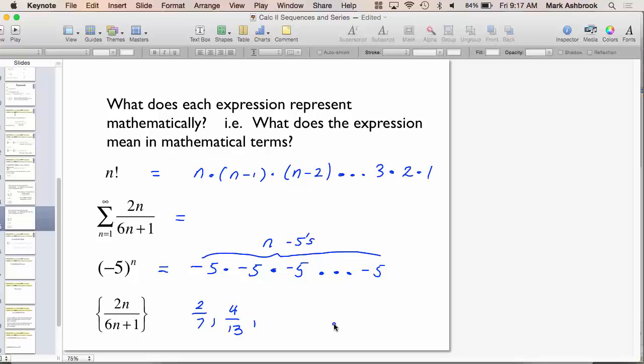When n is 3, 6 over 19. So as long as you put 3 or 4 or 5, there's no rule for how many. But when does it start? When does it end? So 4 would be 8 over 25.